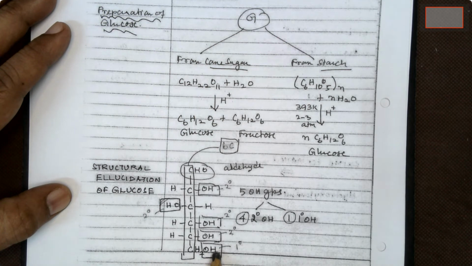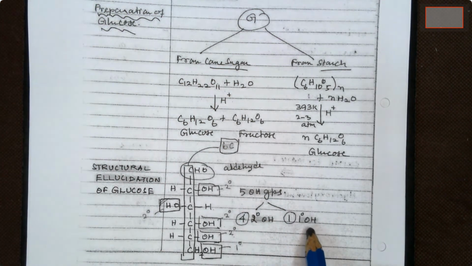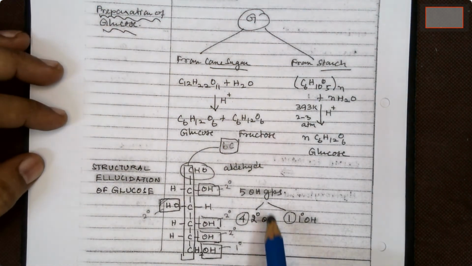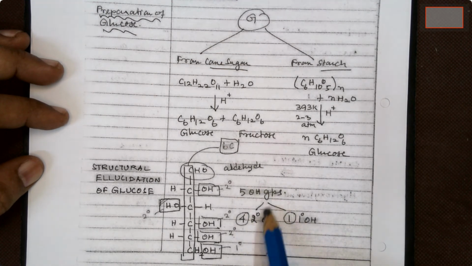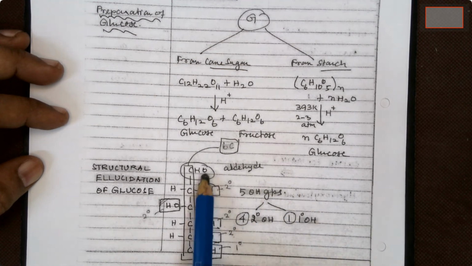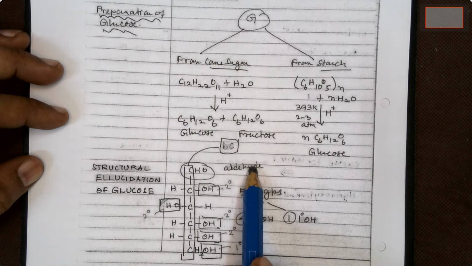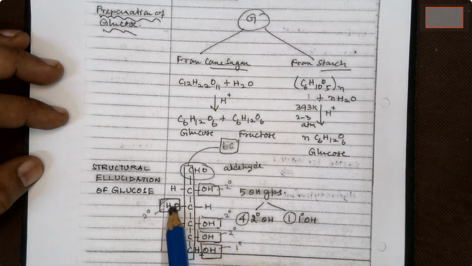The CHOH groups are secondary, and this is secondary, this also secondary, and this is also secondary. So it means we have one primary alcohol and 4 secondary alcohol groups. So totally 5 hydroxy groups are there, and 1 potential aldehyde group.